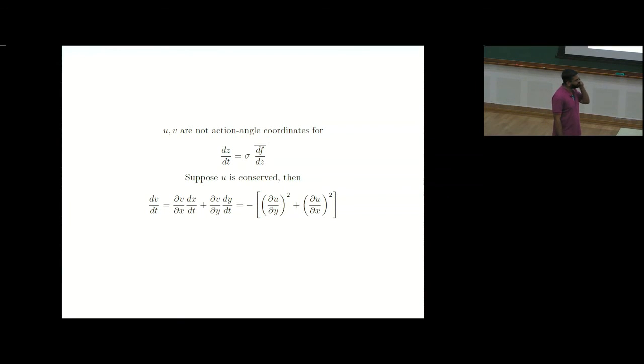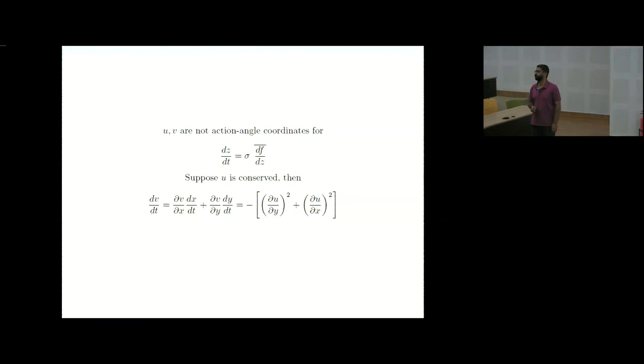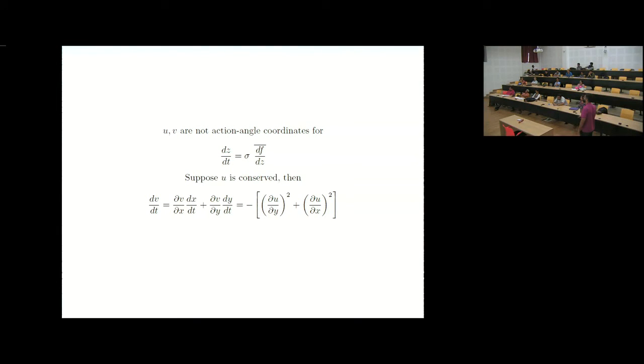And the key idea is actually to understand that there was a Hamiltonian structure here. But just to point a certain fact out, u and v for the complex analytic function are not action angle coordinates. Even if you define the system such that u is the Hamiltonian for that system, if you look at v, v doesn't look like it's linear in t.